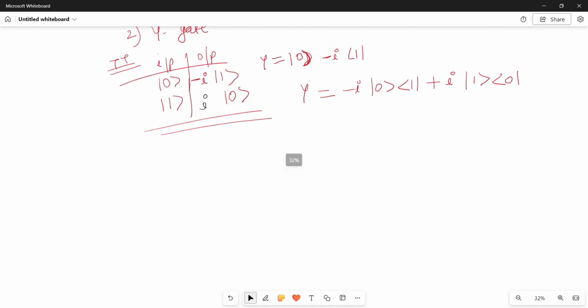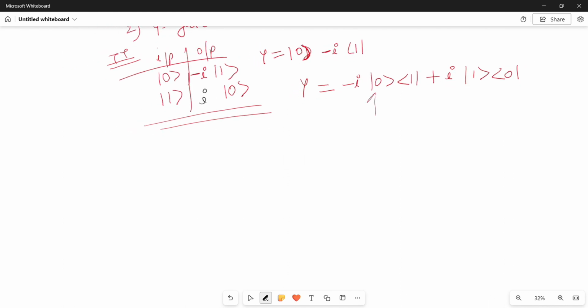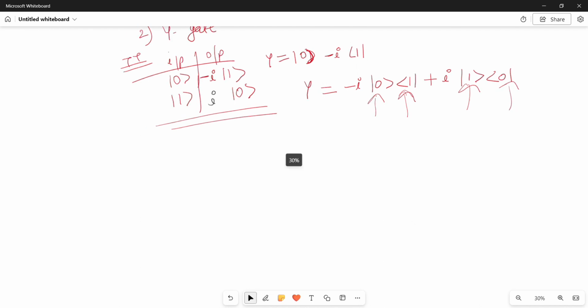That is it. So again substitute your value of ket 0, value of bra 1, value of ket 1 bra 0. Substitute as we have done before, and just multiply and we'll get your matrix. So the matrix representation for Y gate would look like this, plus I and 0.